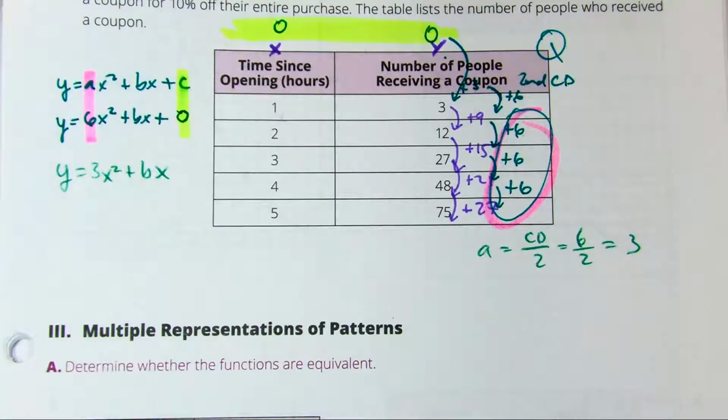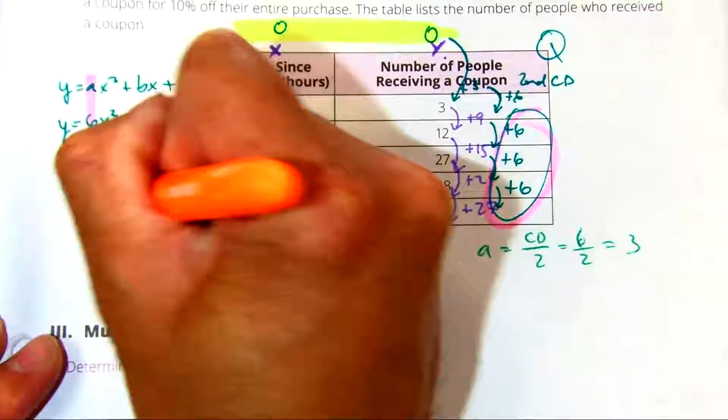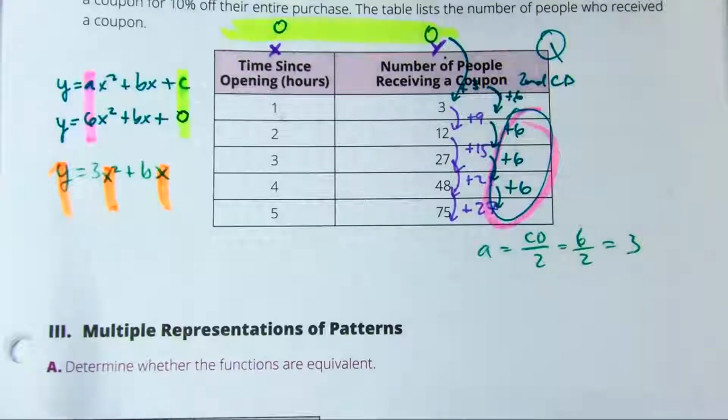Lana, how do I get this B value? Lana, where do I get the x and y from?